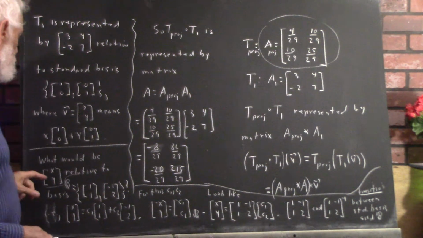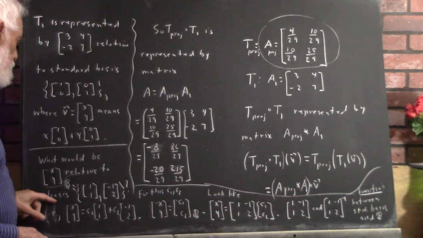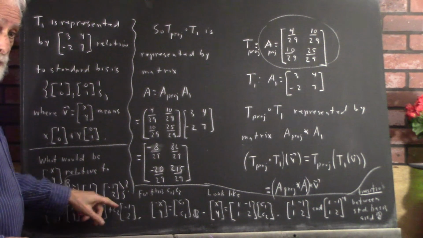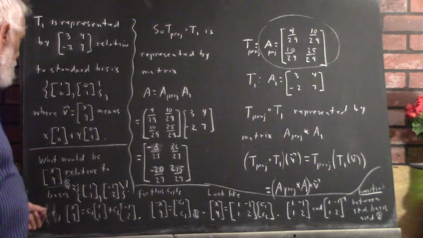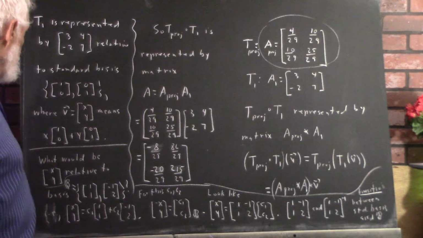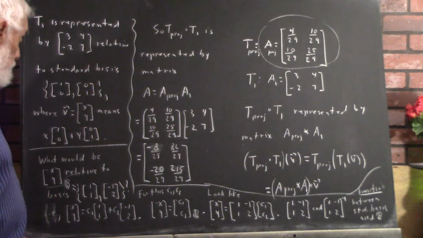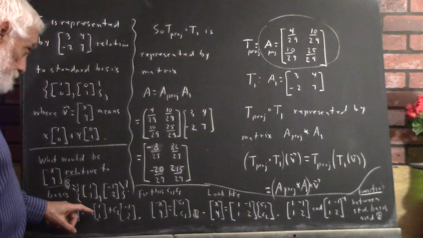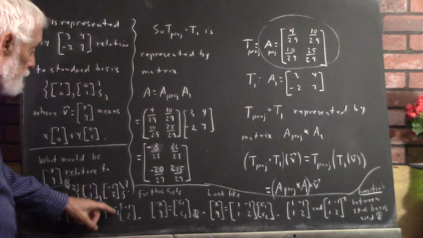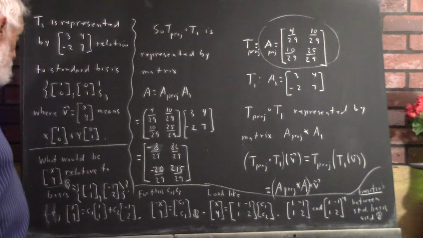What if we wanted to represent this vector relative to the basis B equals (1, 1), (-1, 2)? What does it mean to represent this column of numbers relative to this basis? This means that the numbers xy are obtained by multiplying c1 by this basis vector plus c2 times this basis vector.